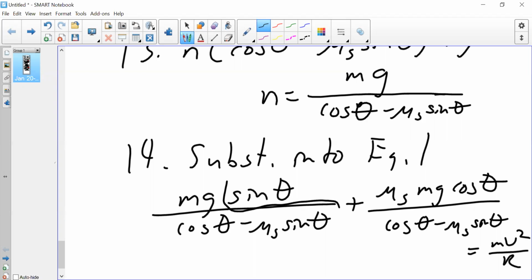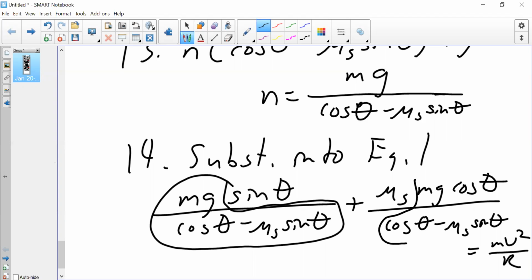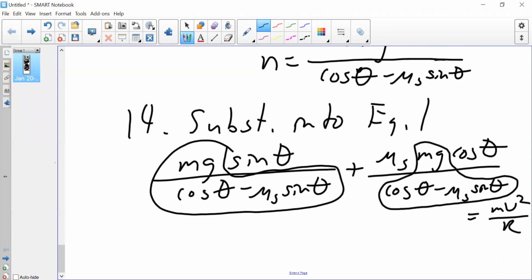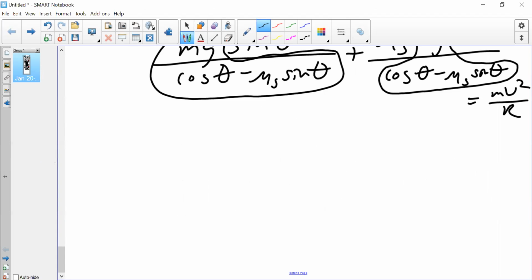So this is my normal force here, n sine theta, and then mu s n cosine theta. It's just algebra at this point.